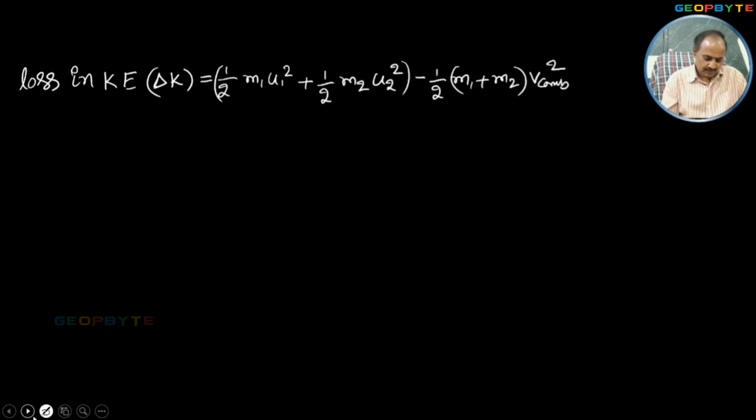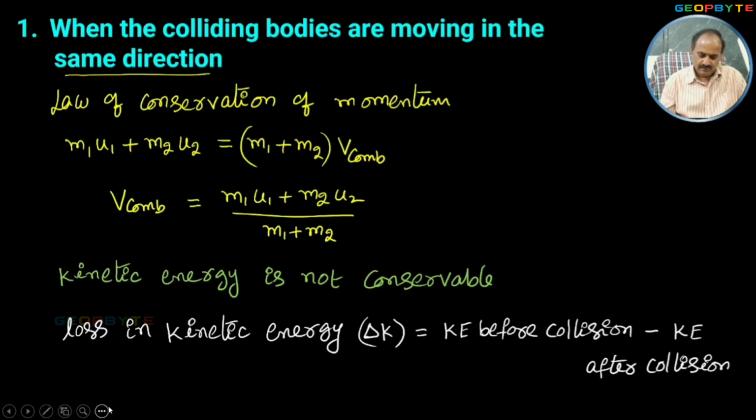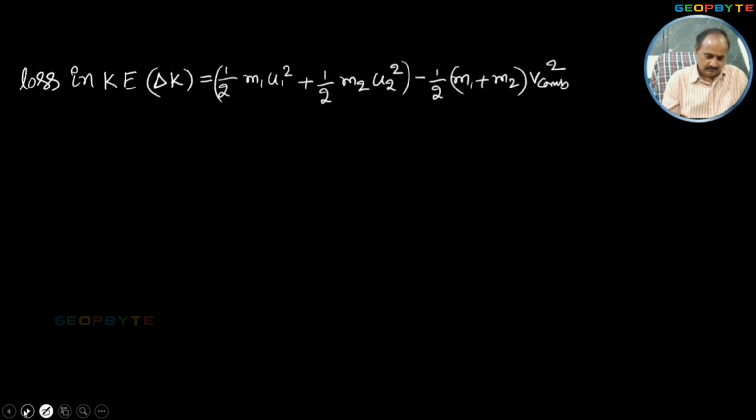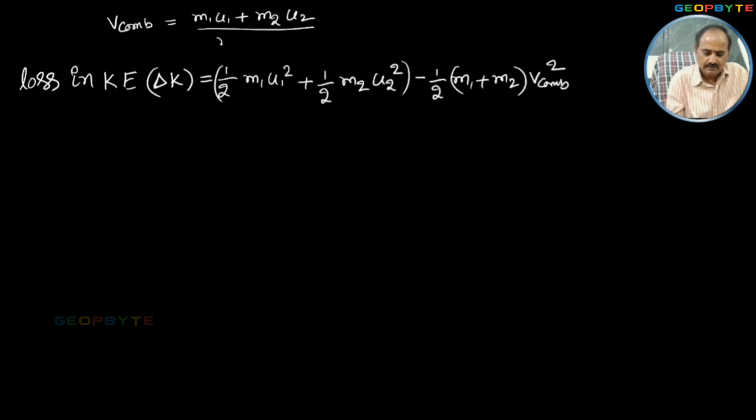Okay. But what is the v combined? V combined equals m1 u1 plus m2 u2 divided by m1 plus m2. Let me write that value here.